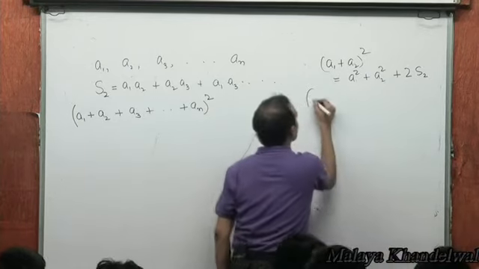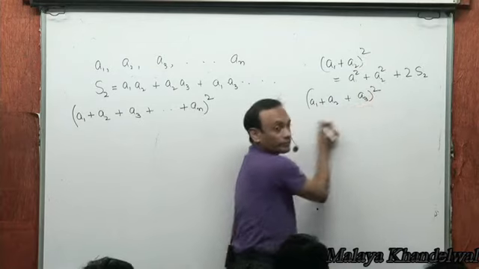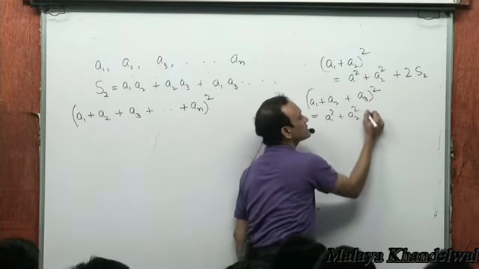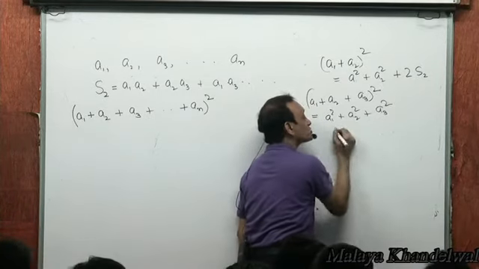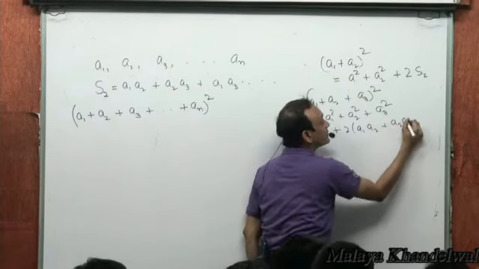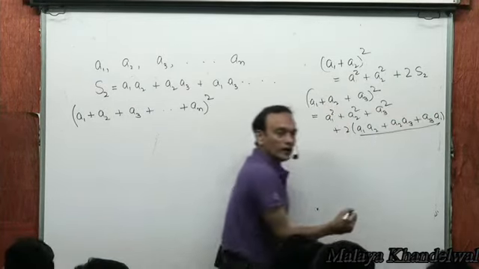Suppose you had A1 plus A2 plus A3 whole square. Then you end up getting A1 squared plus A2 squared plus A3 squared plus twice A1 A2 plus A2 A3 plus A3 A1, which is the sum of the product taken two at a time.